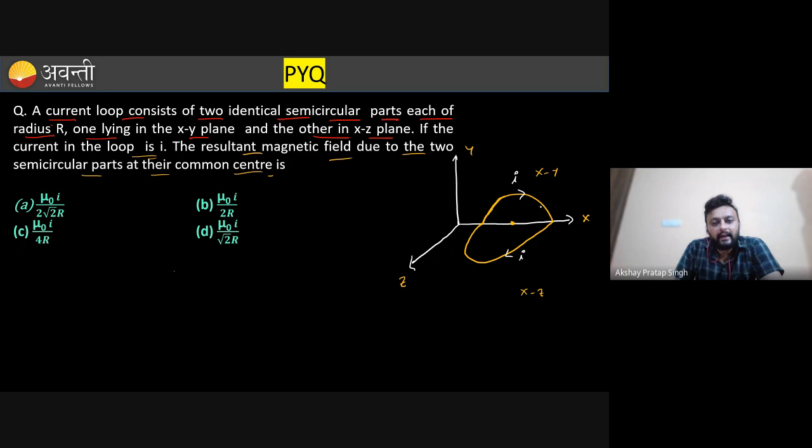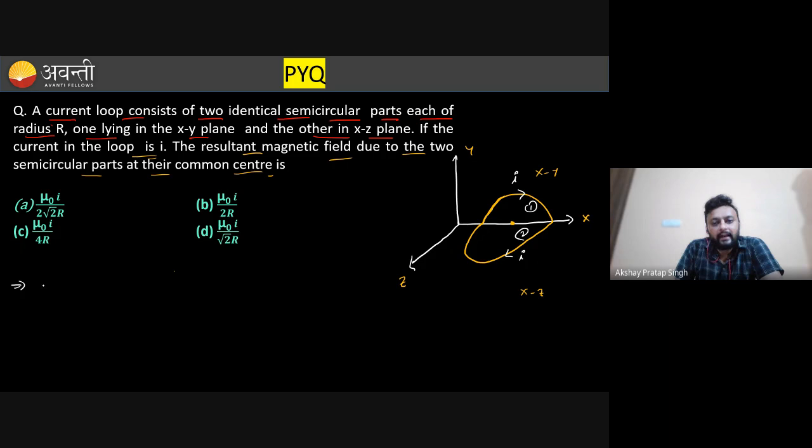Let's suppose this is part one, this is part two. What we will do is calculate the magnetic field due to each, part one and part two, and add those two magnetic fields according to the vector rules. And that will be our answer. Very simple question. So let's try to solve it.